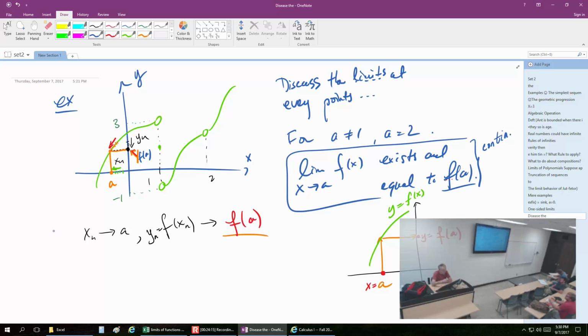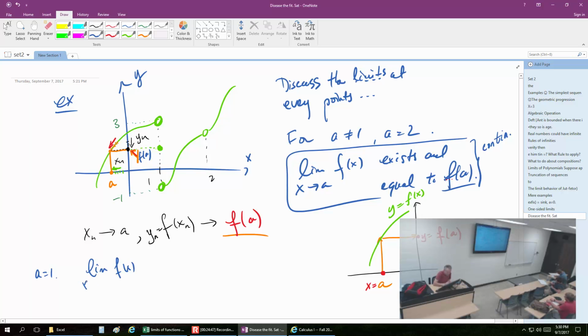So if we take first a equal 1, I'm talking about this point. As you can see, there's only one value of the function at that point. It is right here. In fact, it's probably equal to this value. But those little circles indicate that the graph is missing the end on both of those 2 branches.